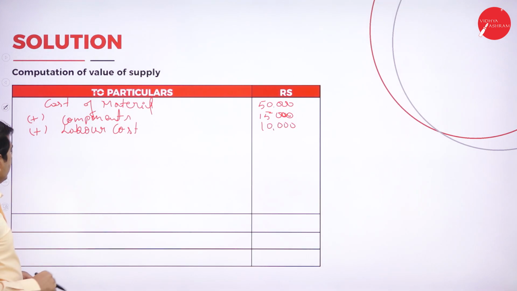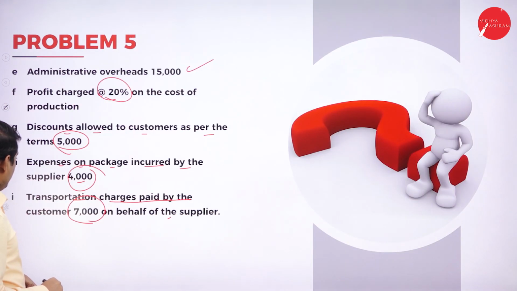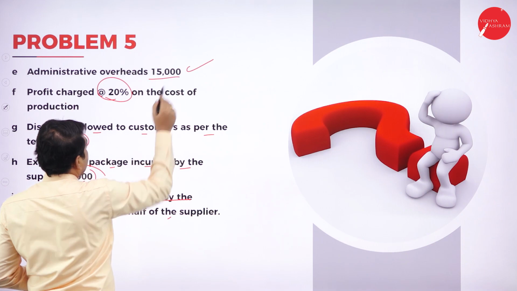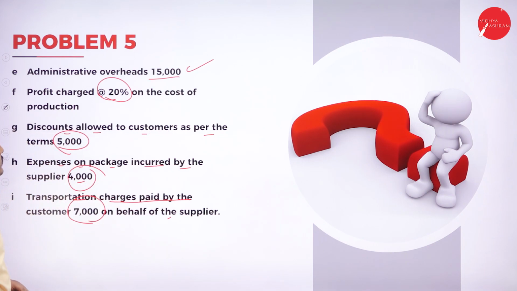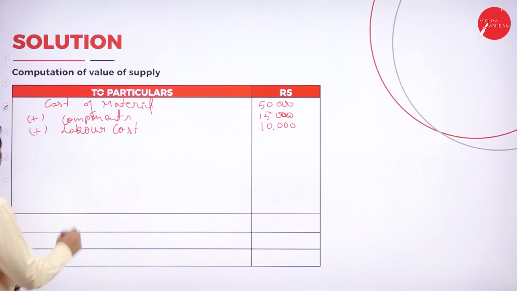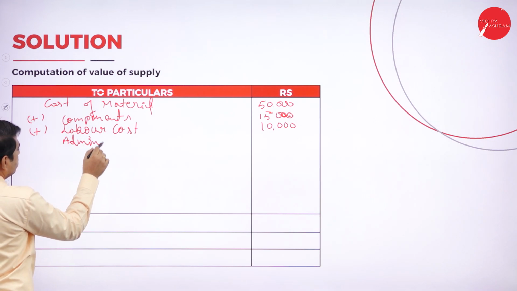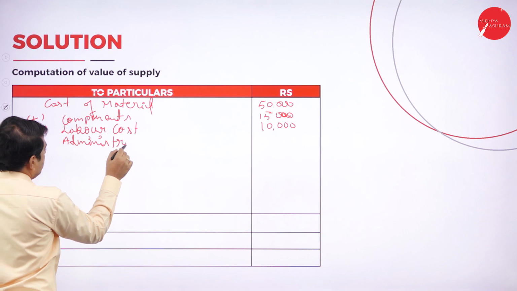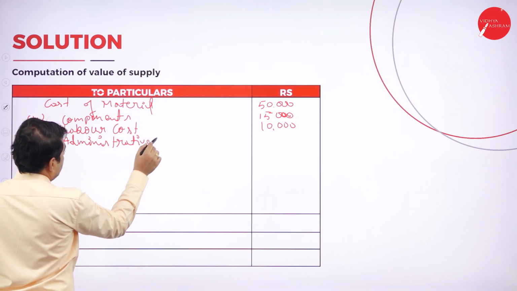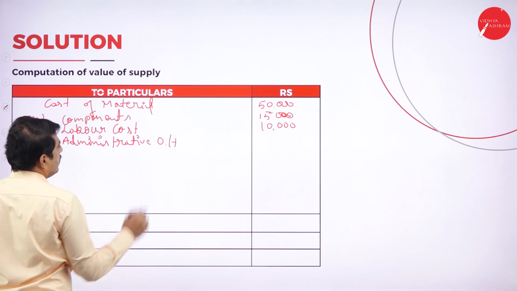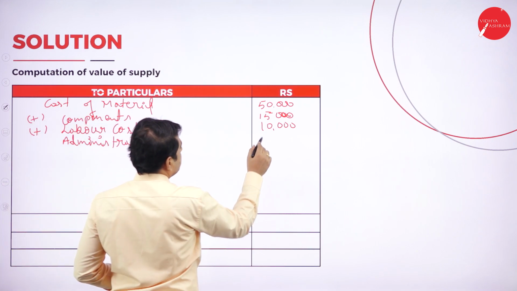Add labor cost 10,000. Next item, administrative overhead 15,000. So we can add this. Administrative overhead 15,000.